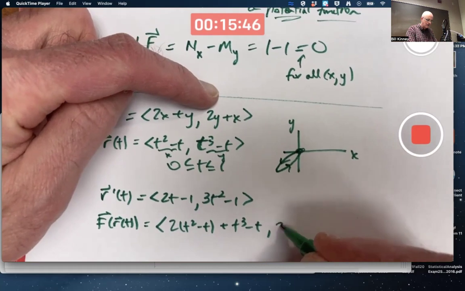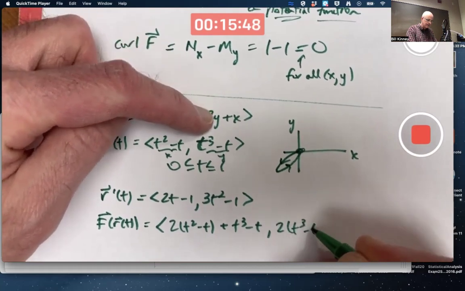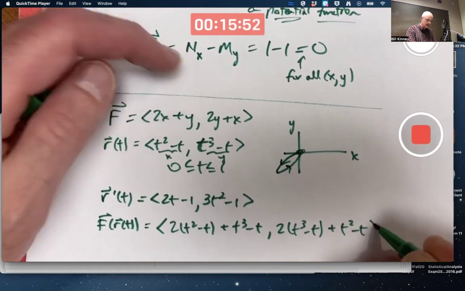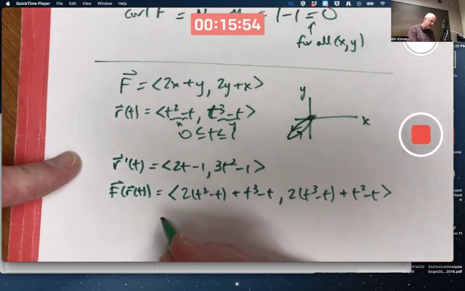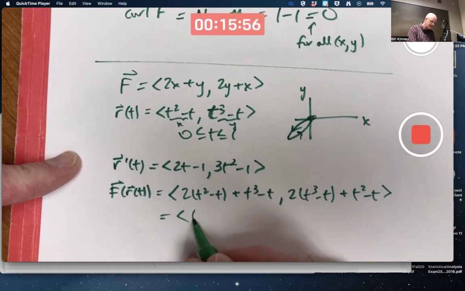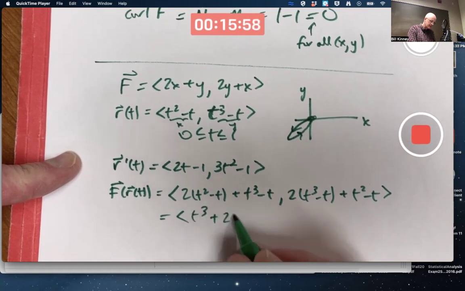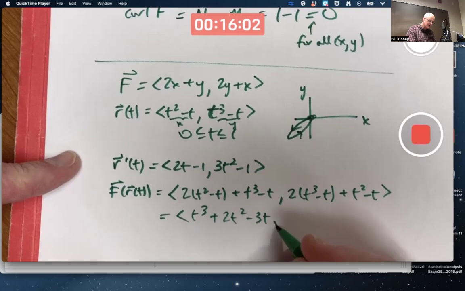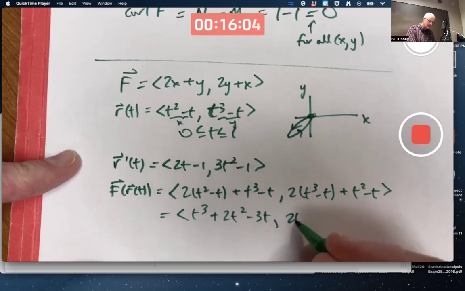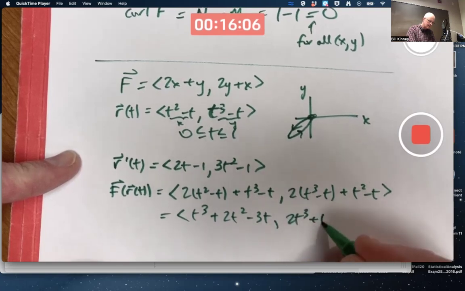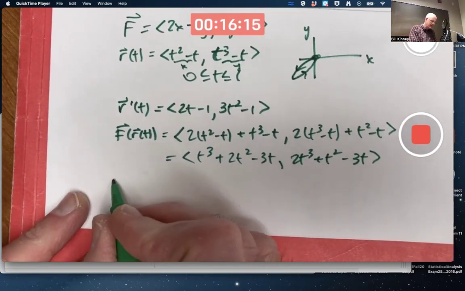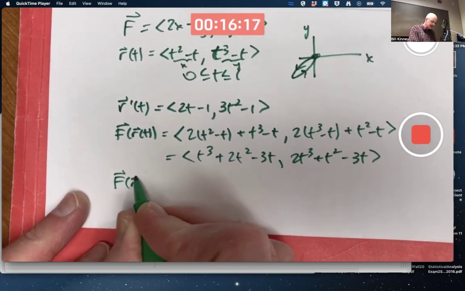Comma 2y, 2 times t cubed minus t plus x, plus t squared minus t. Simplify. T cubed plus 2t squared minus 3t, it looks like. And then 2t cubed plus t squared, also minus 3t. Does that look good? What we end up having to integrate is the dot product of these things.